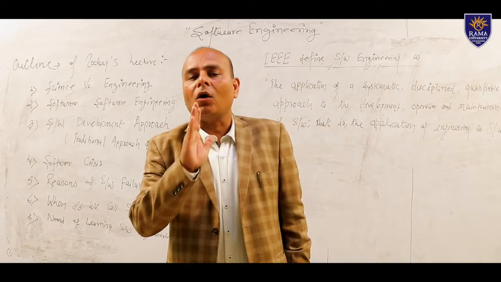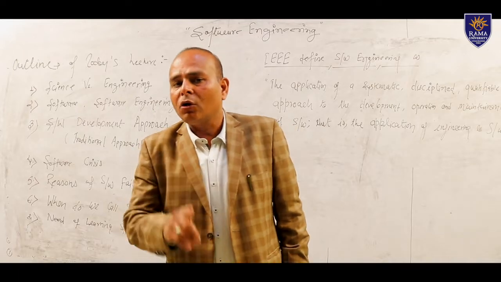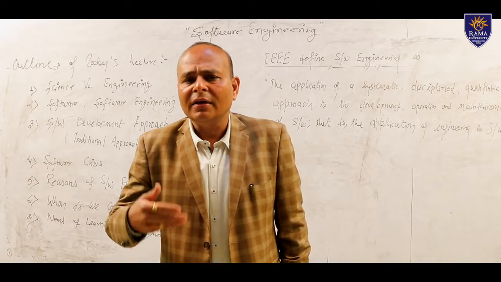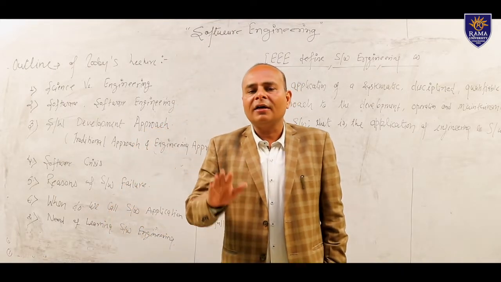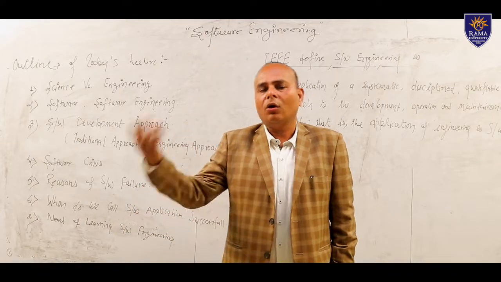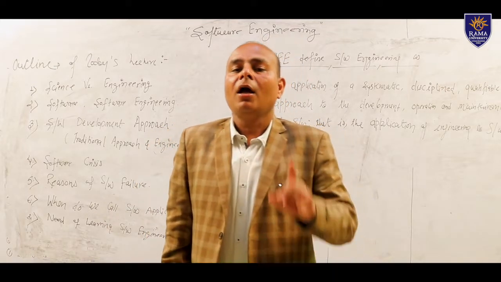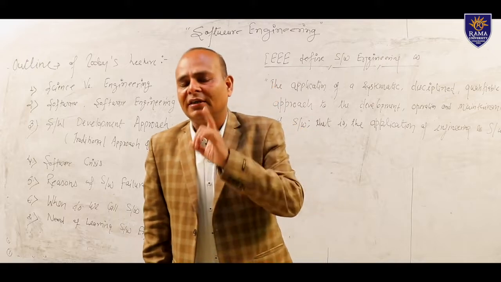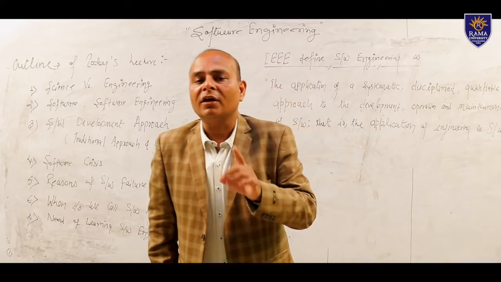The main reason for software failure is not adopting the right approach of development, because most people want to develop software in a day, in a month, or in a year only, but in reality software development takes much more time than that. So you should have sufficient time, and you should follow the right approach of software development. This is the basic reason behind software failures. Another reason is not getting the user information.